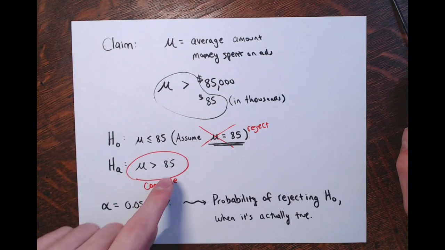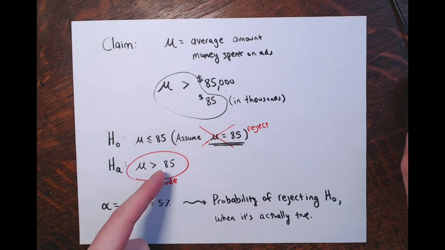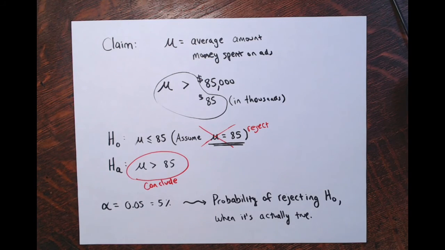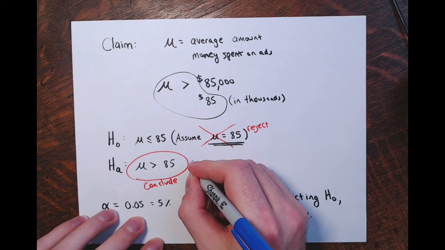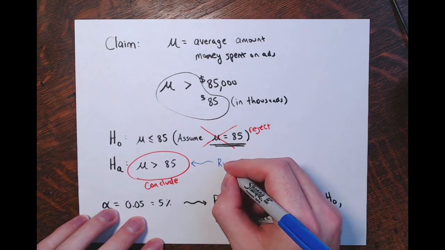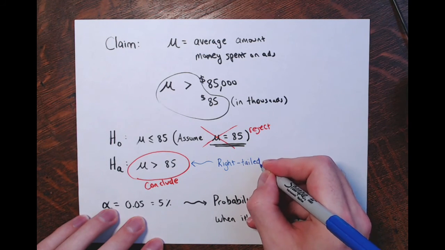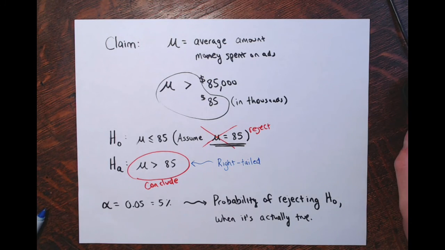Look at my hypotheses. My null hypothesis was that the mean was equal to 85,000. My alternative hypothesis was that the mean was greater than 85,000. Remember, when the parameter is greater than some value, you've got a right-tailed test. I showed you a picture of a sample right-tailed test.